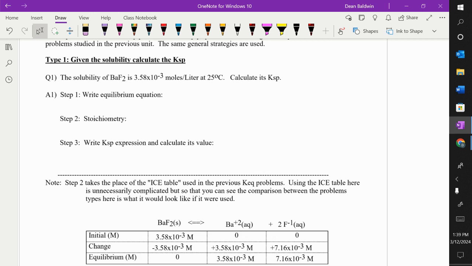First thing, write out the dissociation equation. So BaF2 solid becomes barium plus 2 fluorines, which are aqueous. Remember, always balance it.